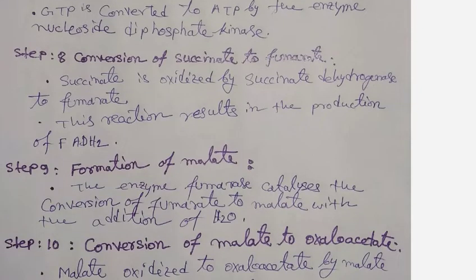Step 8, conversion of succinate to fumarate. Succinate is oxidized by succinate dehydrogenase to fumarate. This reaction results in the production of FADH2.